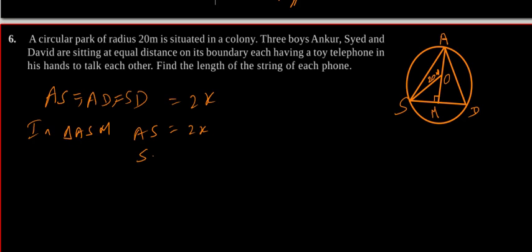SD is 2x, so half of it is x. So SM is x.